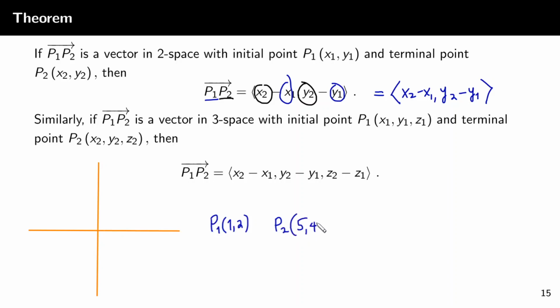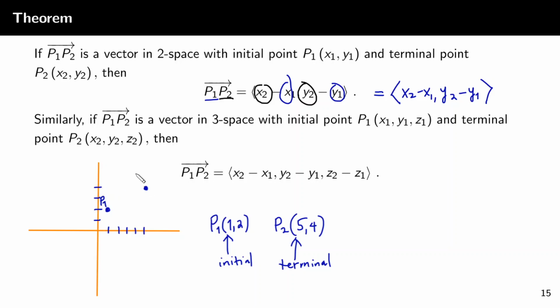coordinates 5, 4. So yung P1, yung initial point, P2, yung gusto kong maging terminal point. So 1, 2, ito yung P1, and then 5, 4.